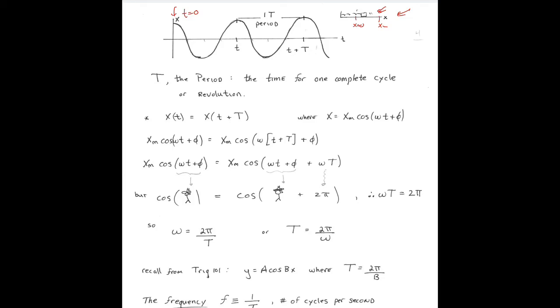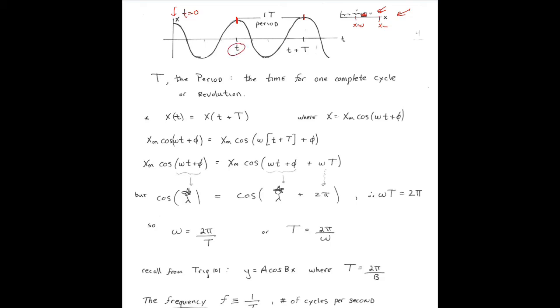I plotted the position of this mass as a function of time. I went to this one point at a certain time, and I waited until it came back to the exact same position heading in the exact same direction. From that time to that time, that's when the motion repeats itself. That's the period.